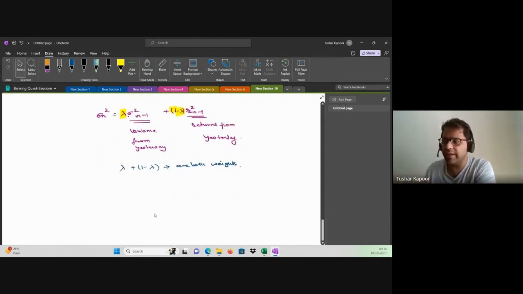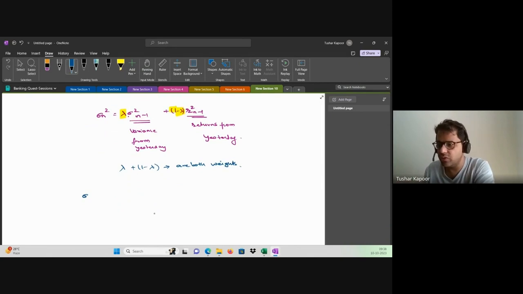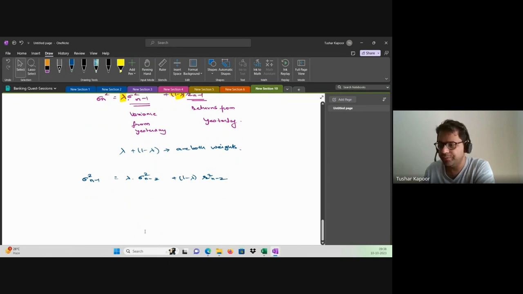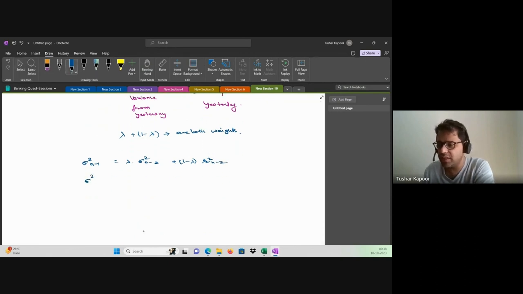So an alternative way I can write this equation is: the variance for yesterday is going to be lambda times variance for 2 days back plus 1 minus lambda return square n minus 2 days back. The variance for n minus 2 days back is going to be what happened to the variance 3 days back plus 1 minus lambda return square n minus 3 days back, so on and so forth.